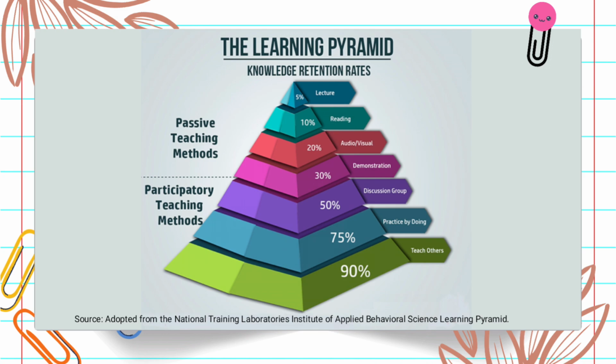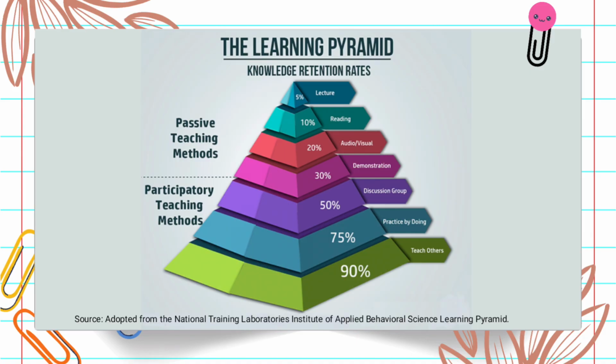Aside from the cone of learning, we have what we call the learning pyramid or knowledge retention rate. This is adapted from the National Training Laboratories Institute of Applied Behavioral Science Learning Pyramid. Here you'll see the learning pyramid was divided into two categories.